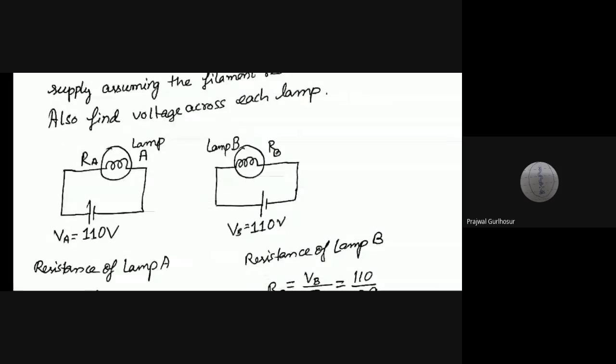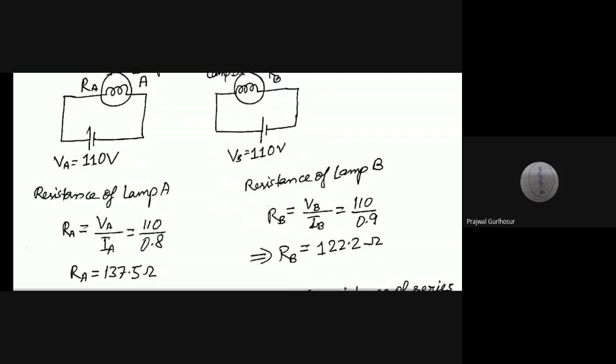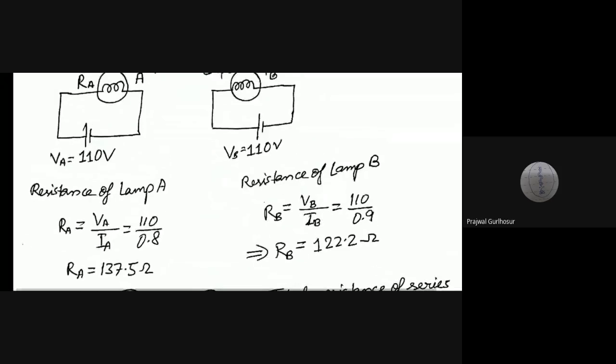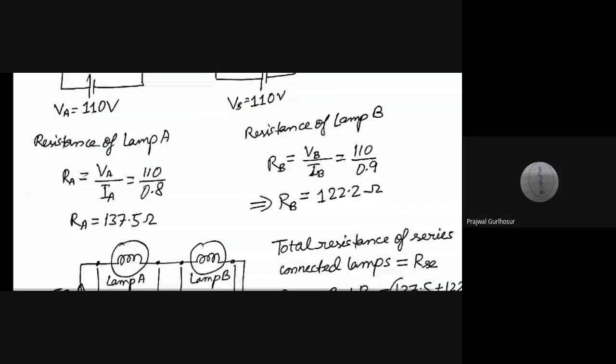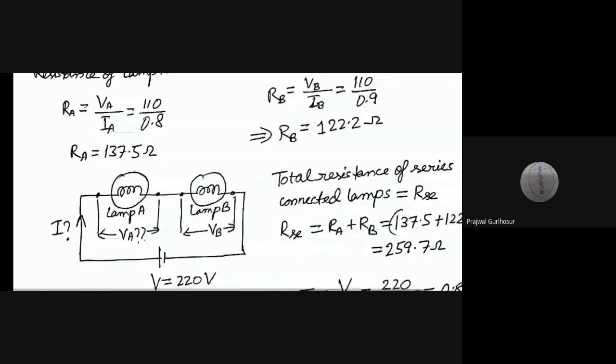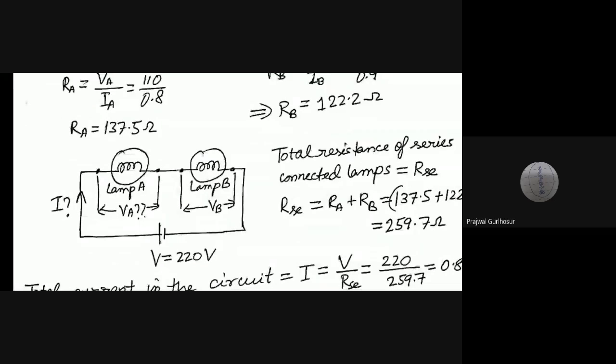I'll just show you. See, this is the value of RA and RB. And when you connect the two resistances RA and RB in series with each other, the diagram looks like this across a supply of 220 volt.